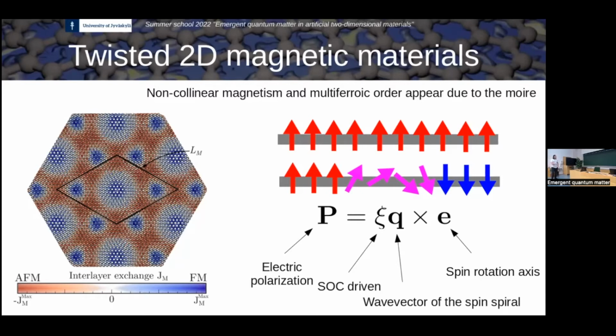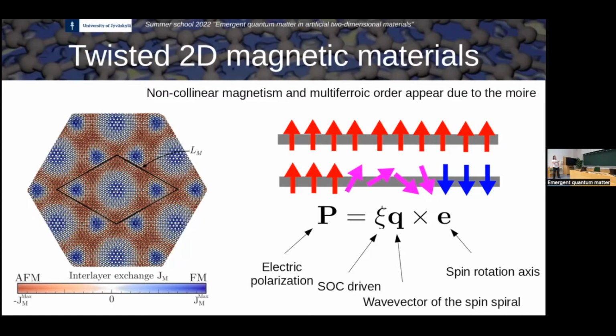And of course, something that may already come to your mind from the previous lecture is that if you have a two-dimensional material that has a non-collinear magnetization, and the non-collinear magnetization is changing direction in the right way, you may actually get a ferroelectric polarization just from this non-collinearity. Just remembering this formula that we discussed yesterday: we have a Q vector that essentially tells you in which direction the magnetization changes.